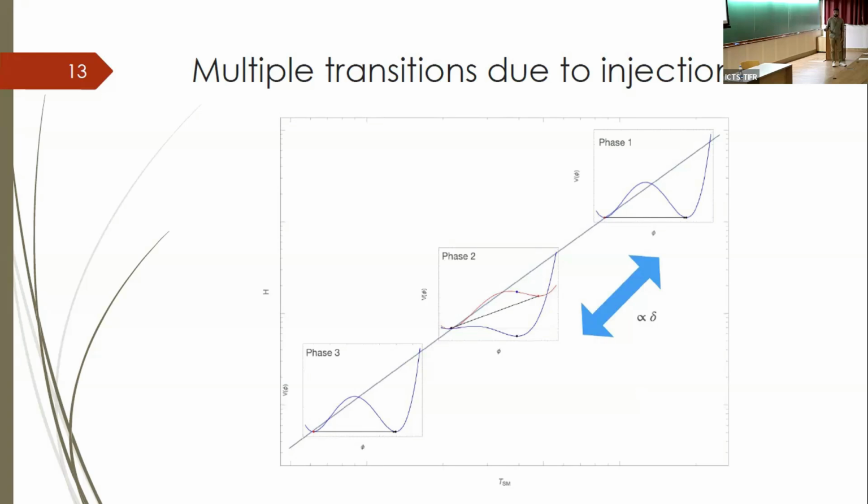Since my energy injection, as long as it is small, won't really change the Hubble rate too much, initially in the standard scenario we have this phase 1, which is the standard transition. Depending on the amount of the energy injection, which is proportional to delta, we will have phase 2, which is the inverse transition, and then again phase 3. How far they are separated along the Hubble depends on how much energy is injected. So this is the picture that we have.